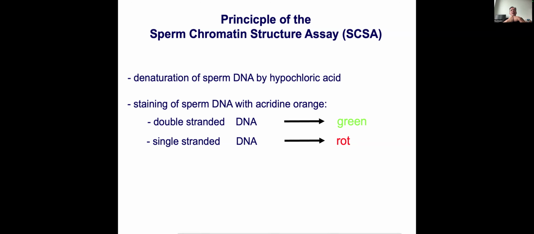And this is a metachromatic staining. It means if the acridine orange is binding to the DNA, which is double-stranded, this is the intact DNA, then it shows a green fluorescence. If it is binding to single-stranded DNA, this means damaged DNA, then it shows a red fluorescence.